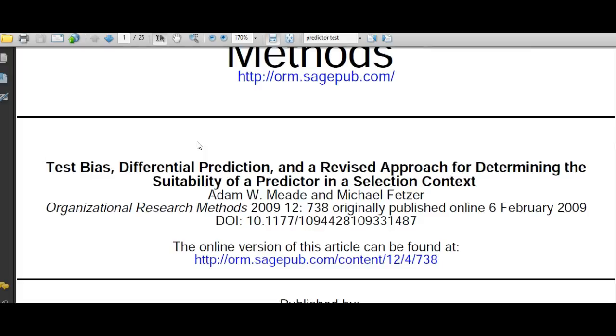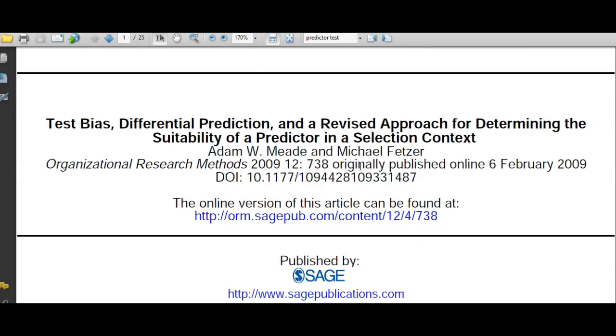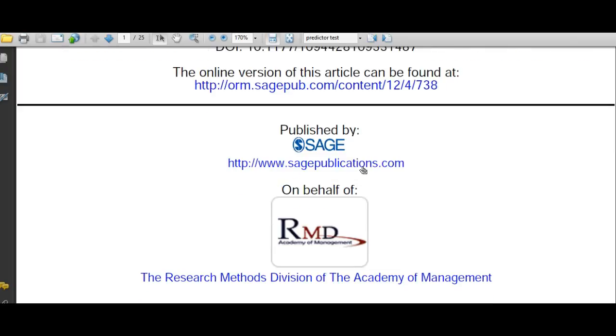It's a fairly readable document, but still probably too technical to have as a required reading for this course. It's more for reference, so I'm going to hit the highlights and talk about how to test for test bias.